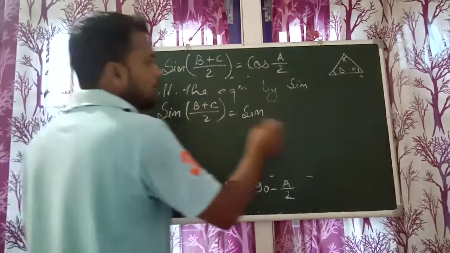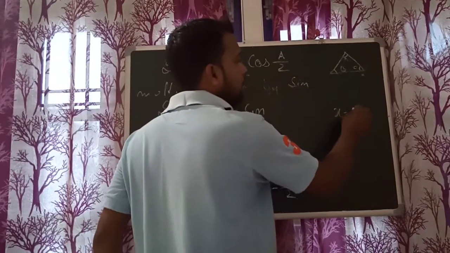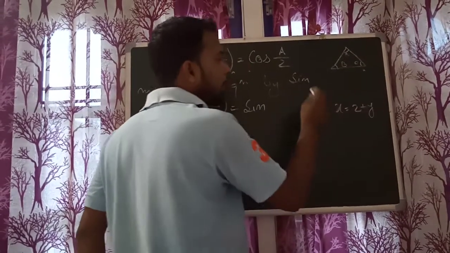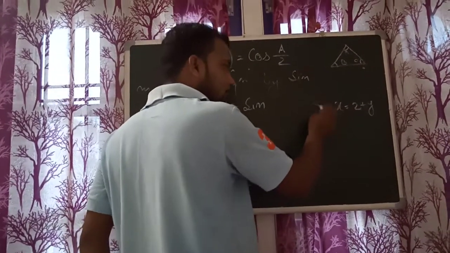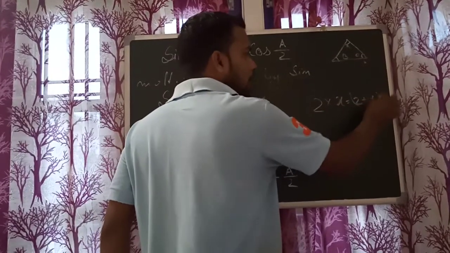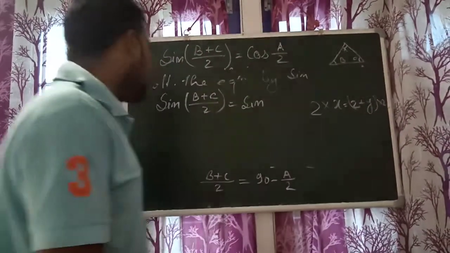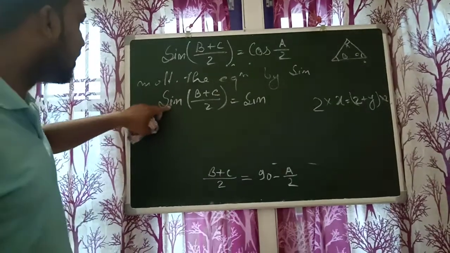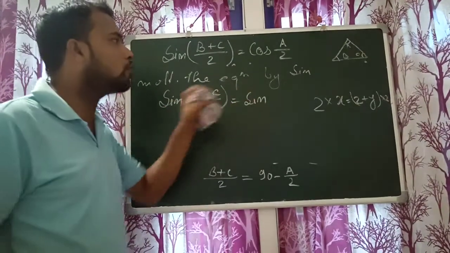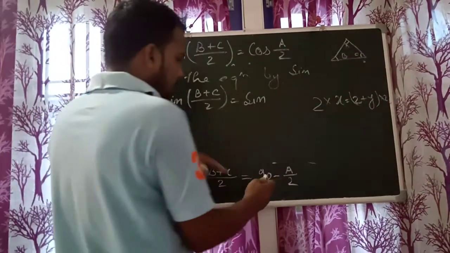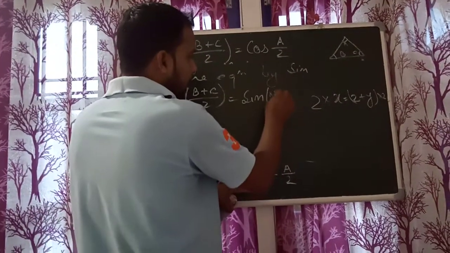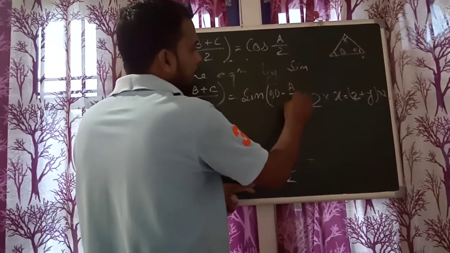If you multiply, suppose here x is equal to 2 plus 1. If you multiply this side by 2, then here also you have to multiply by 2, since I am doing the same thing. If you multiply sin here, then here also you have to multiply sin. Then what is here? 90 minus a by 2.